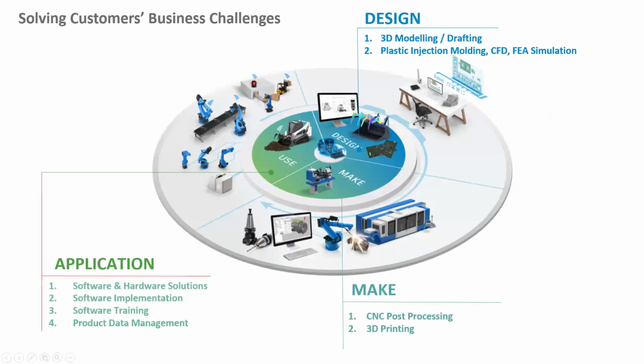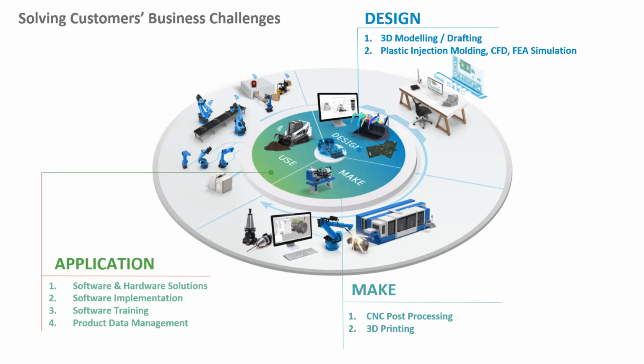So what do we really offer in detail? Based on the end-to-end solution that I mentioned, we base it on customers' requirements and goals. Then we sort them into 3 pillars: design, use, and make.